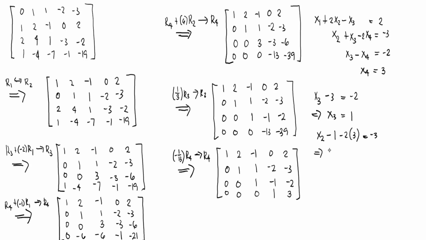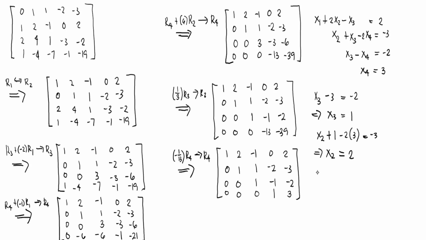This is -6, plus 1, sorry, this should be +1, so that's -5. We transpose that one, so -3 plus 5, so x sub 2 is equal to 2.